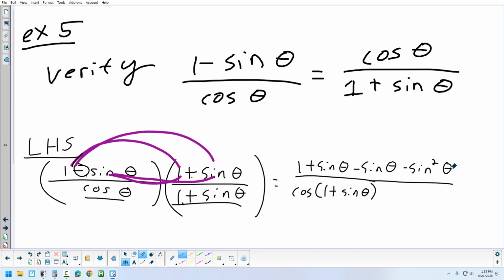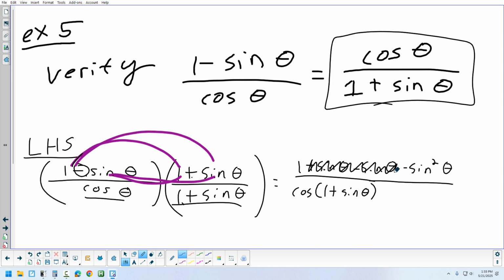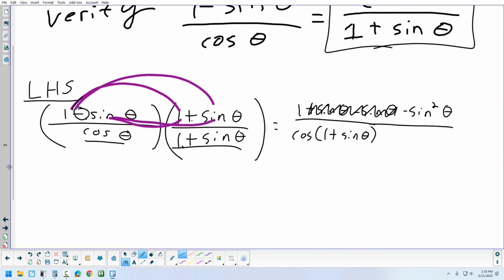Does that look like what we were supposed to get right here? Not yet. But it's got some things that look like it, right? What happens in the top? The signs cancel out. Plus sine and minus sine. We have 1 minus sine squared. Let's write that down. Keep the bottom the same. 1 minus sine squared.